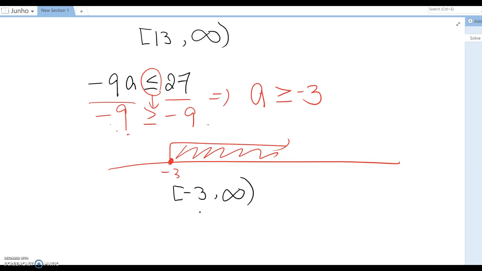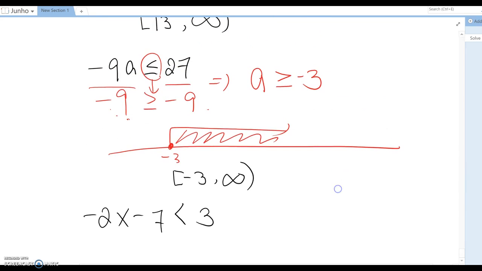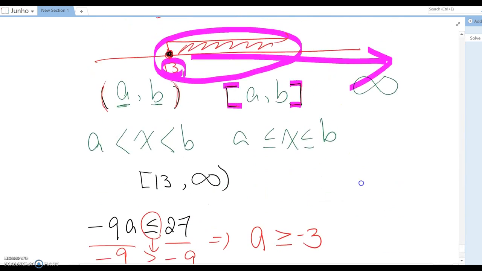Then what about this case? Negative 2x minus 7 is less than or equal to 3. Actually, I want to make it just less than 3 in this case, because we have covered less than or equal to twice already.